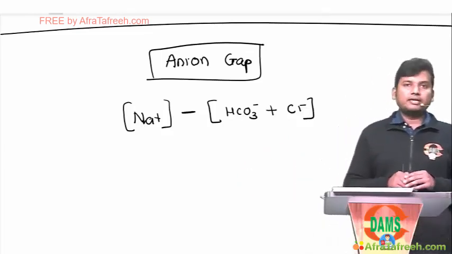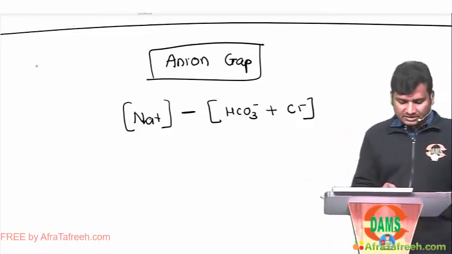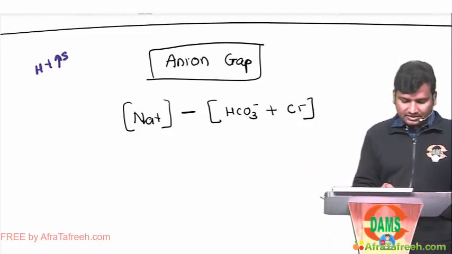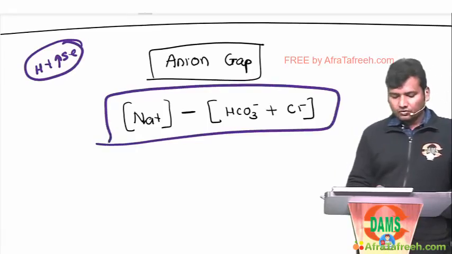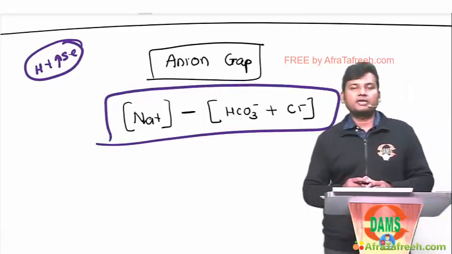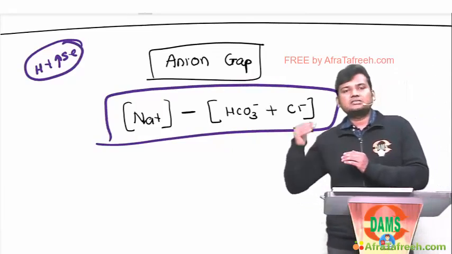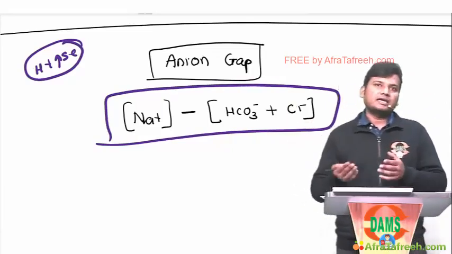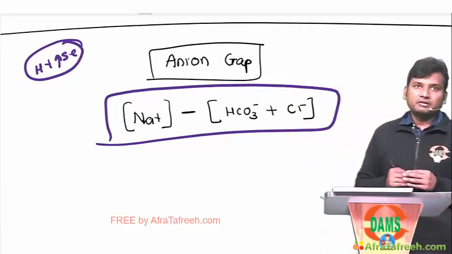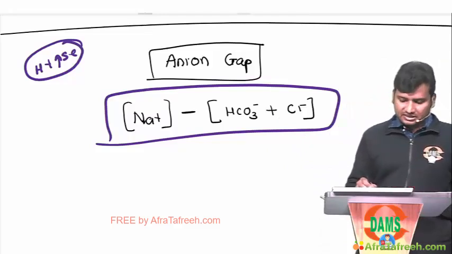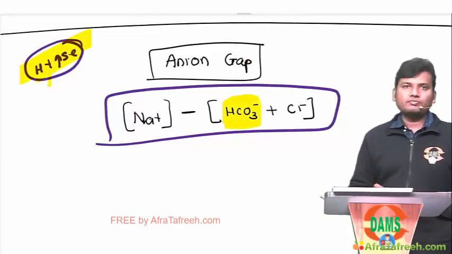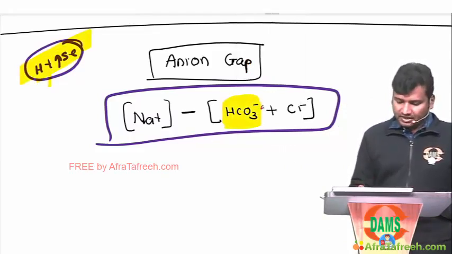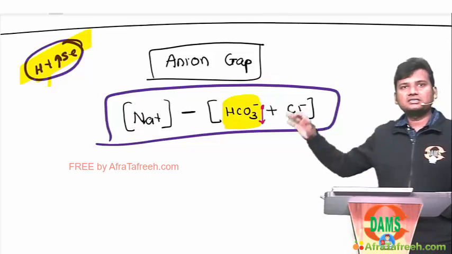Now, in diabetic ketoacidosis, H plus ions are increasing in blood, but H plus ions are not included in the formula of anion gap. So increase in H plus is not directly affecting the anion gap, but this H plus combines with bicarb. So bicarb concentration in blood is decreasing.